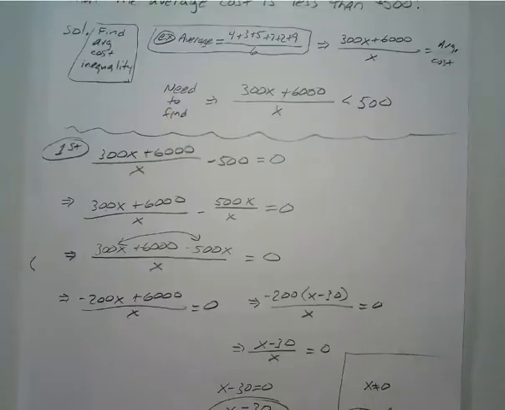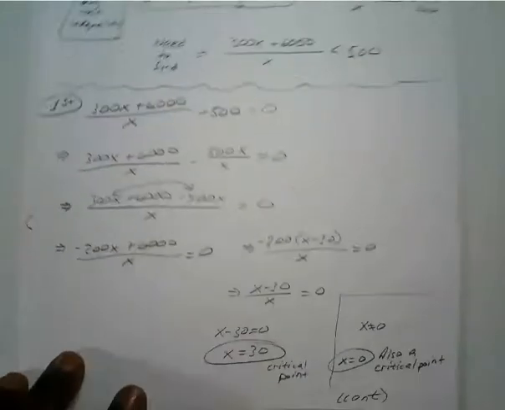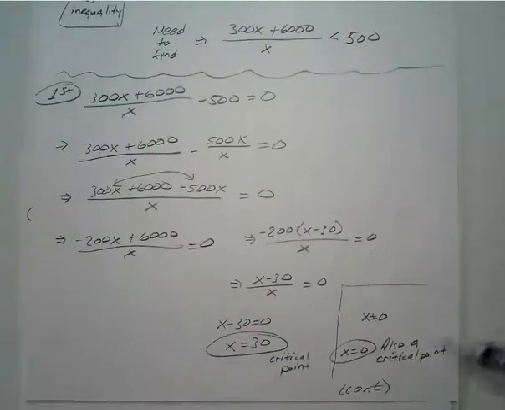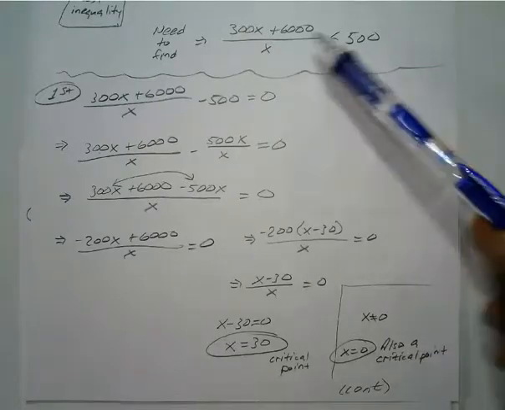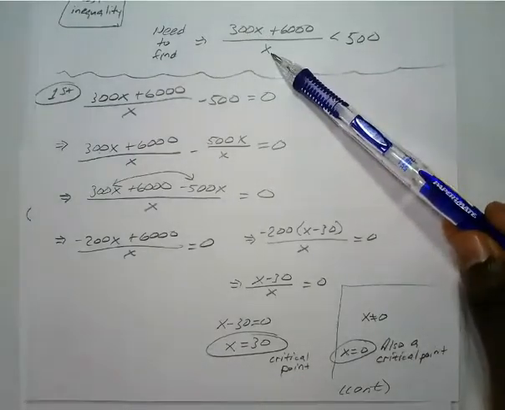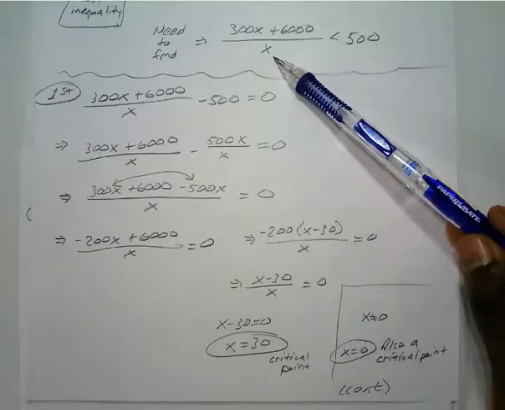It's going back to the previous page. If you sold 0, your average cost would not be less than 500. If you sold 0, your average cost can't be less than 500, because if you plug in 0, again, you have your denominator of 0, which can't be.